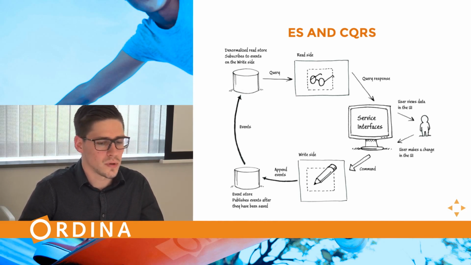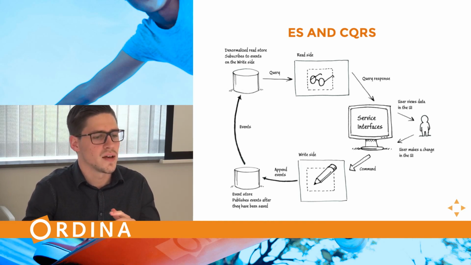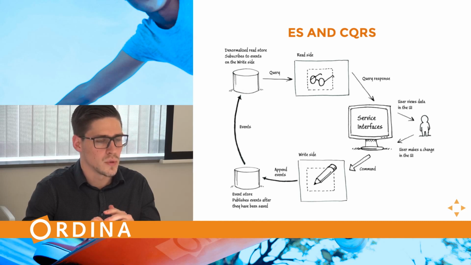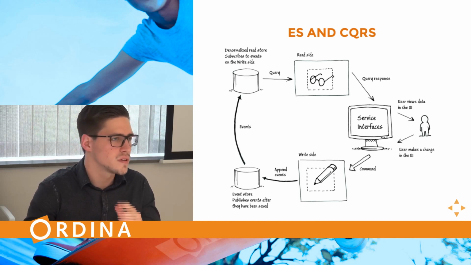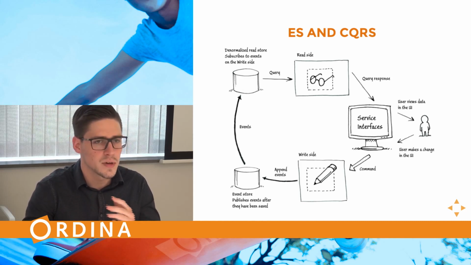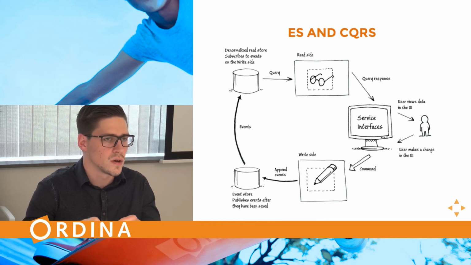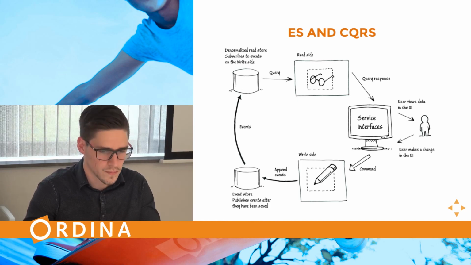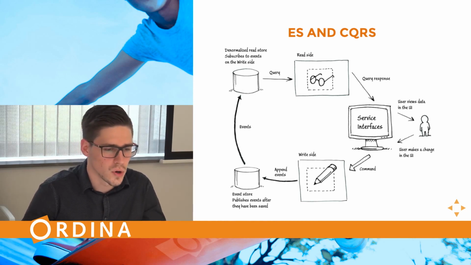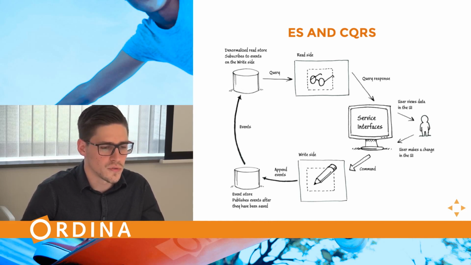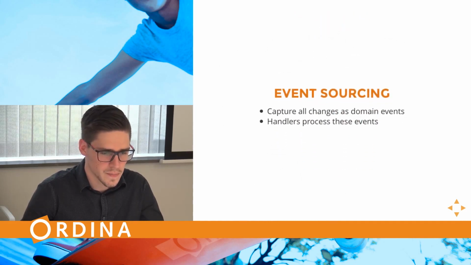For example, in combination with CQRS, you will have an event handler defined that will constantly look up all the events that are created, and every time an event has been created, the event will be processed and the read side table will be brought up to date. So that's just a small overview of event sourcing and CQRS.